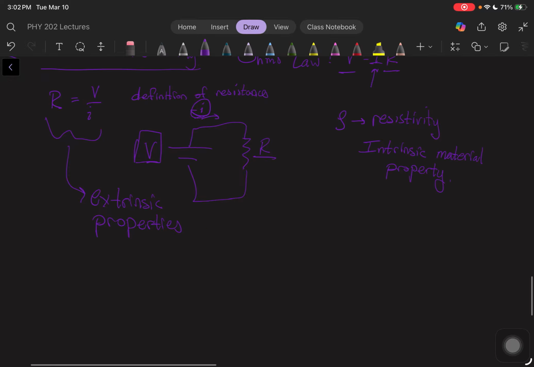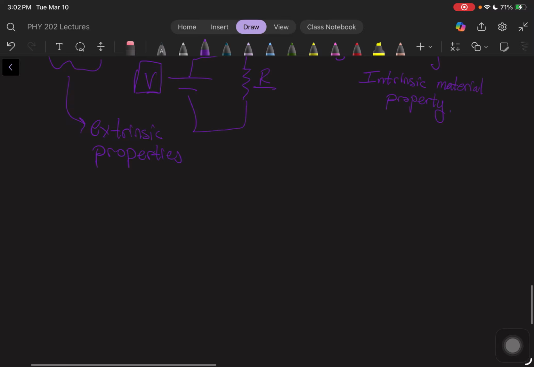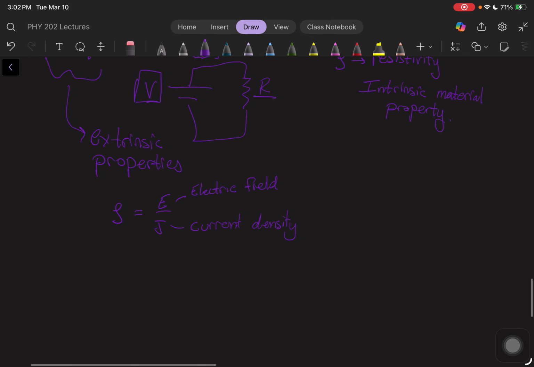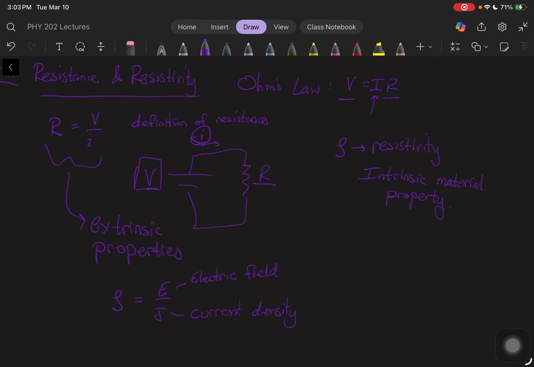Okay, and so the definition of rho, it's equal to E over J, right? The electric field and current density. Right? And so we know potential is related to the electric field, and current density is related to the current.